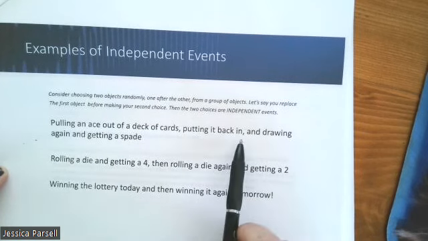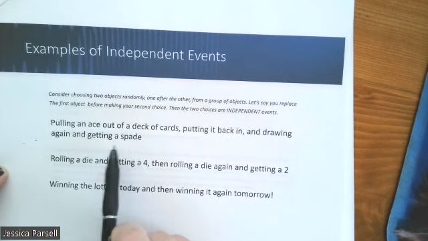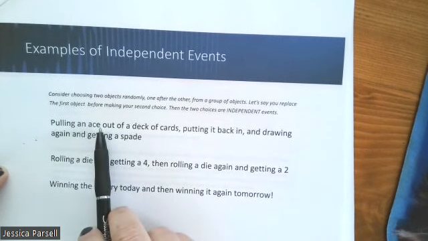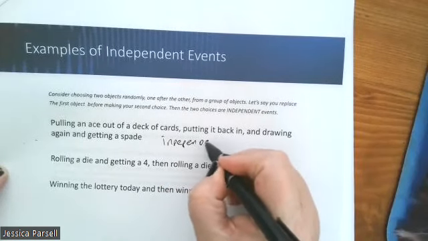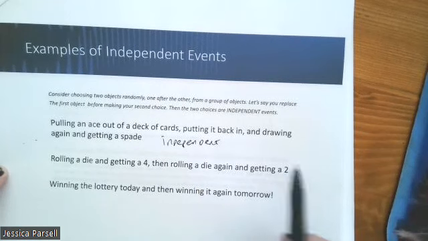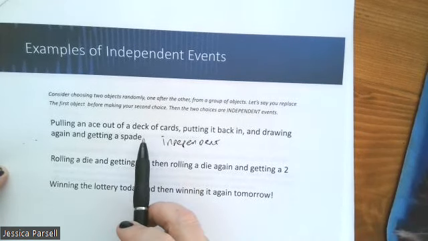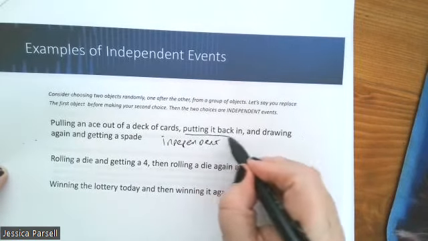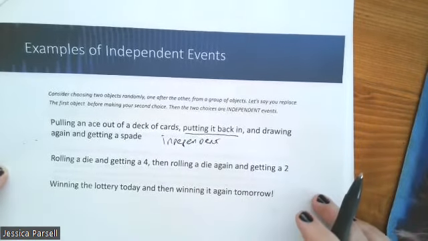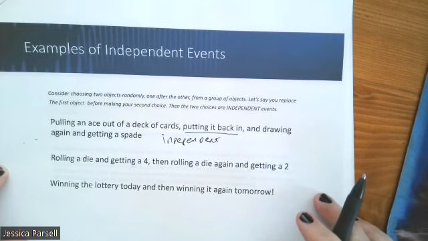You put it back in and then you draw again and you get a spade. Getting the ace has no effect on whether you're going to stick your hand back in and grab another card and get a spade, because you put the card back in. It didn't change the next event, and didn't have any impact on it.